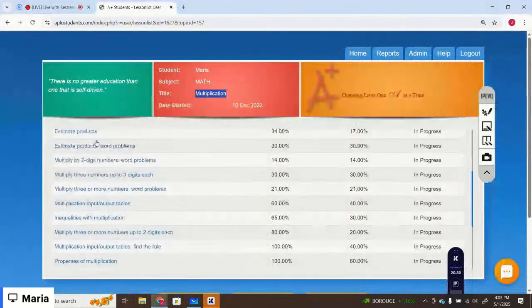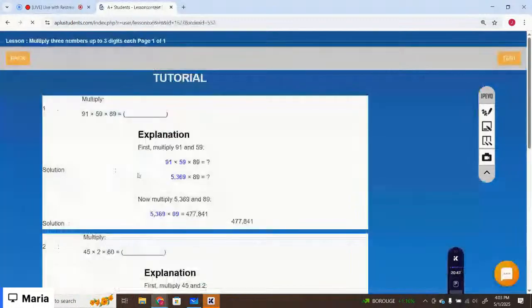Let's start with the lesson: multiply three numbers up to three digits each. Let's start with 91 times 59 times 89. You just have to multiply the numbers by making pairs. First do 91 times 59, which is 5,369.